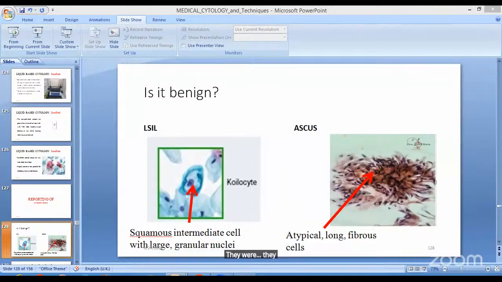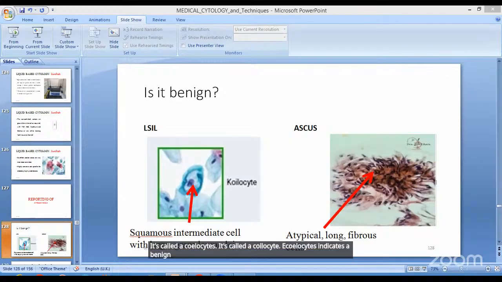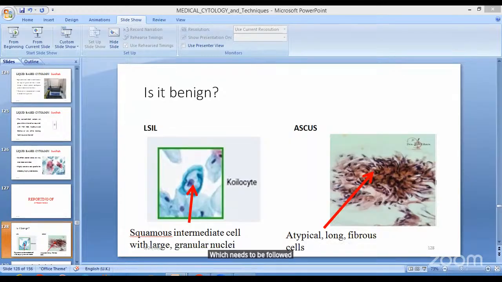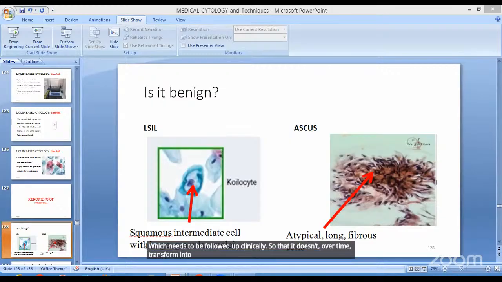The nucleus is granular. When that kind of cell is seen in a smear, it's called a coelocyte. A coelocyte indicates a benign condition, a low squamous intraepithelial lesion, which needs to be followed up clinically so that it doesn't over time transform into a malignant condition.